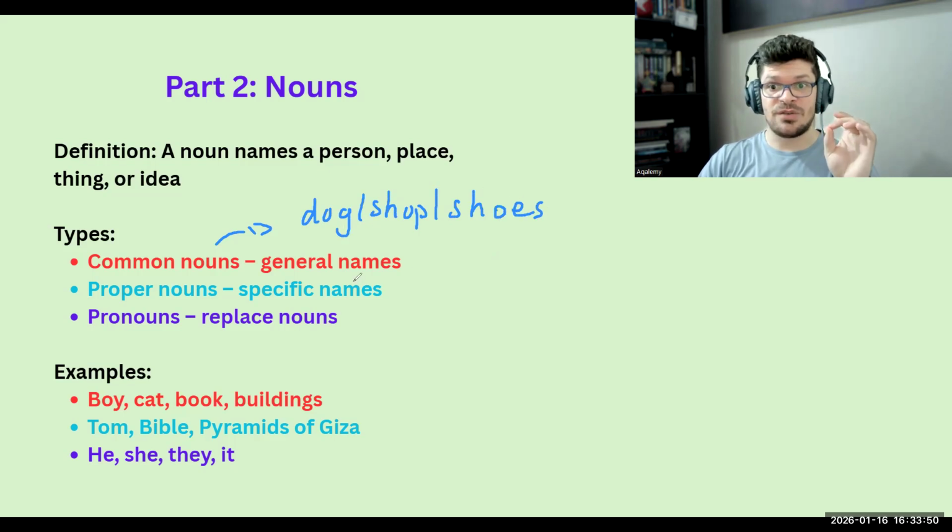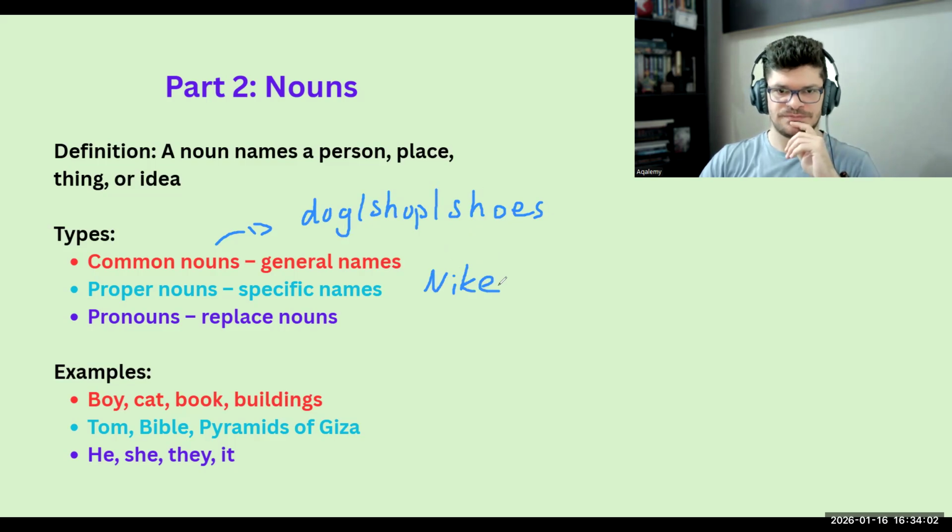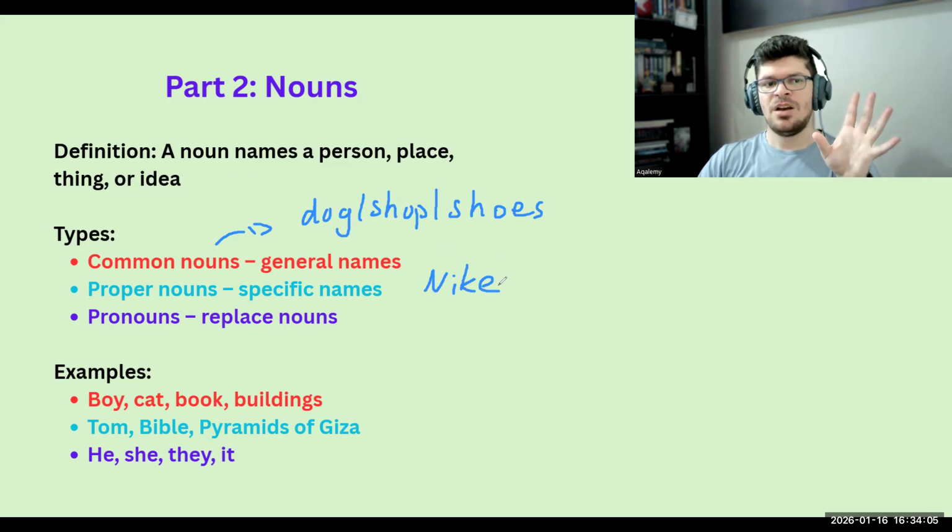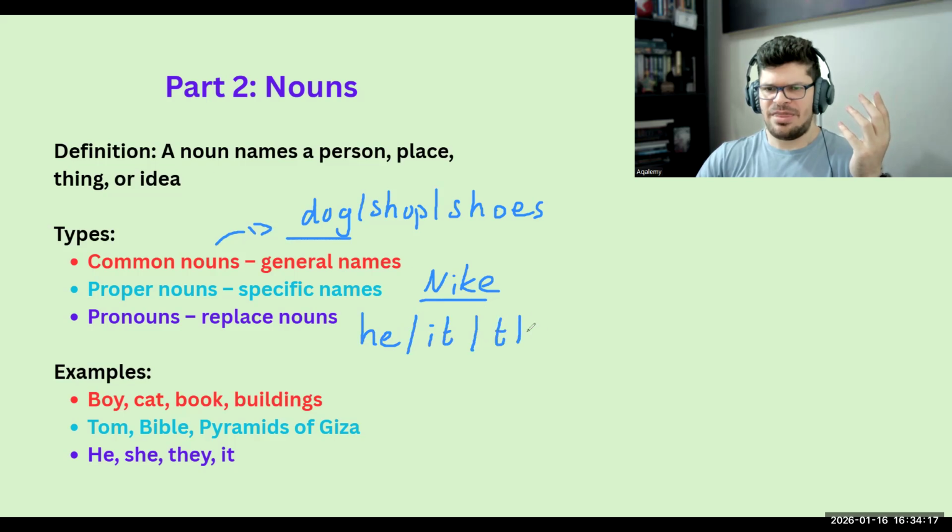A proper noun is very specific. We must put a capital letter. If I talk about shoes and the understanding is a proper noun, I must say Nike. It's specific. Pronouns, sometimes we don't want to use dog or maybe Nike, but then we use words like she, it, they, them, we.